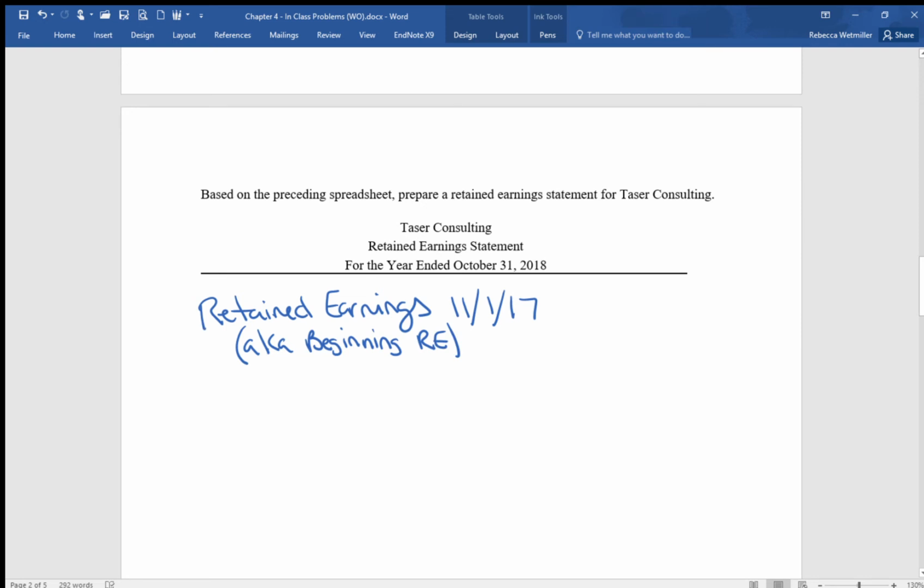And where we find that is on our adjusted trial balance. We see that our retained earnings before any adjustments from preparing our retained earnings statement is $180,700. Okay, next we're going to add our net income, which comes from our income statement, which is why we need to prepare our income statement before we can do our retained earnings statement.